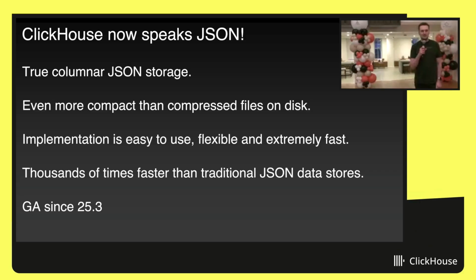The question is, if you use the JSON data type, do you have to worry about the existence of variant and dynamic data types? No, they are building blocks, and you just use the JSON data type and don't worry about dynamic and variant at all. But we intentionally made these building blocks available because they are usable on their own.